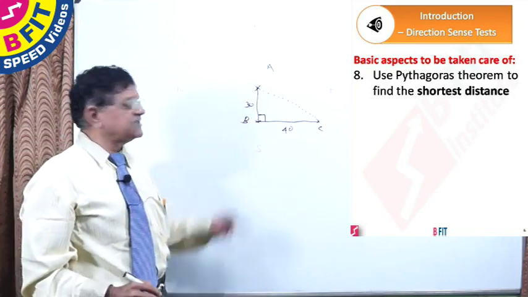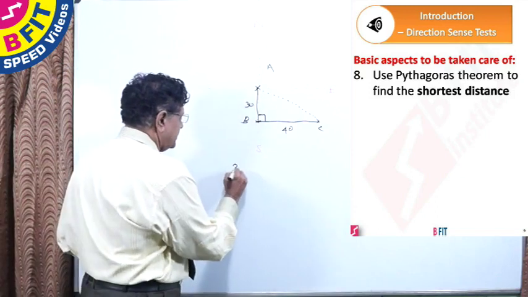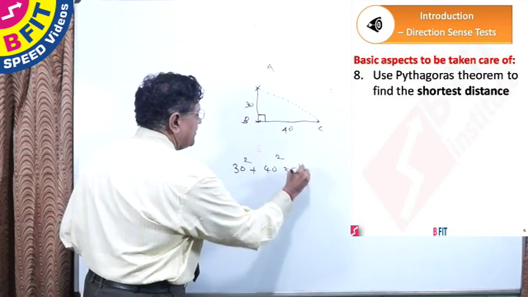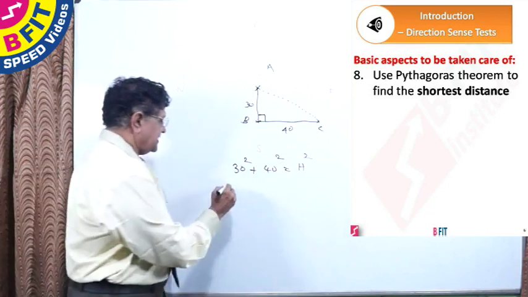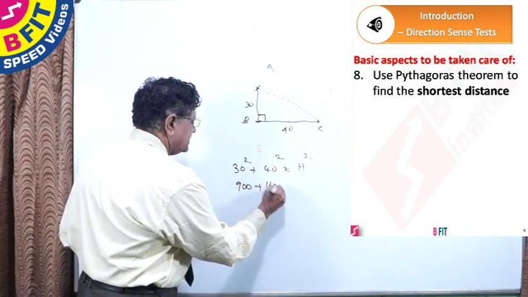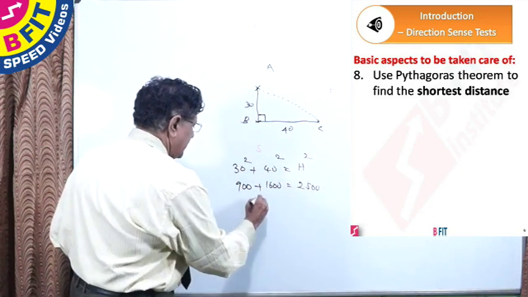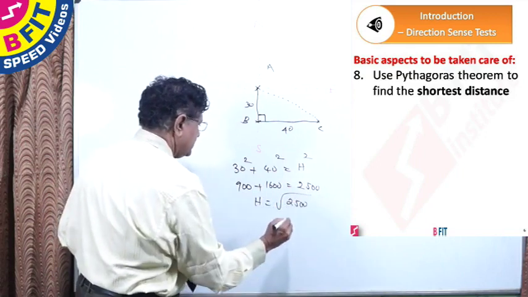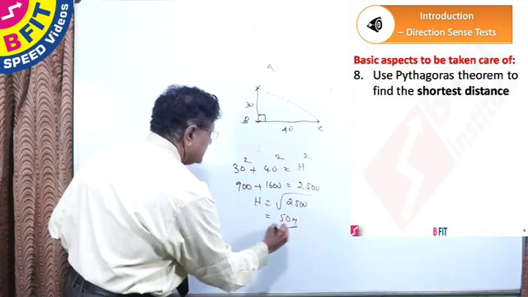Now applying Pythagoras theorem, 30 square plus 40 square is equal to hypotenuse square. And 30 square is 900 plus 1600 is equal to 2500. Hypotenuse is equal to root of 2500, which is 50 meters.